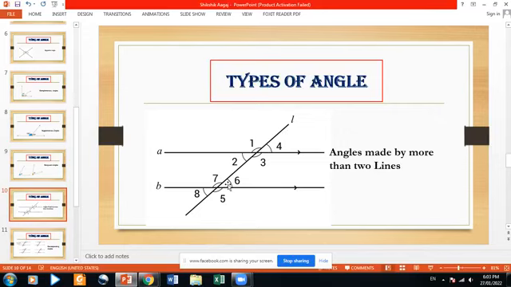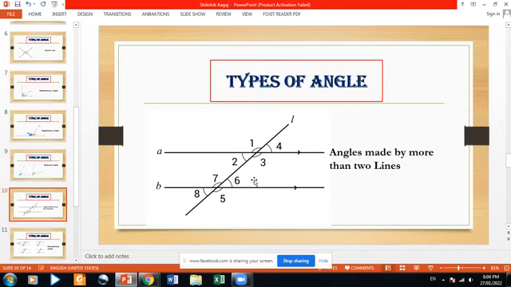Again, line L and line B are intersecting each other at this point and there is formation of 4 more angles, angles 5, 6, 7 and 8. Just concentrate on these 4 angles.